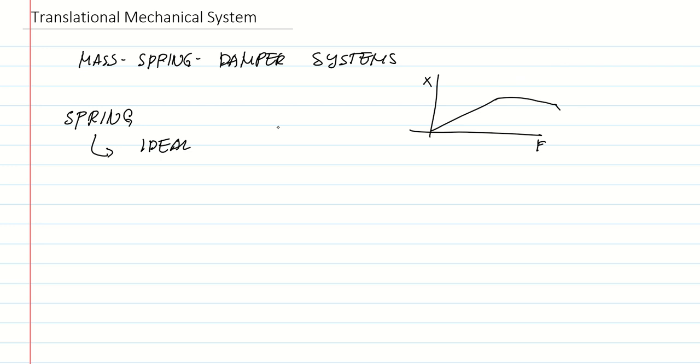It will not be a linear relationship between the force and the displacement. So in control engineering, we assume that we are in this working region of the spring, or simply the ideal version of the spring.